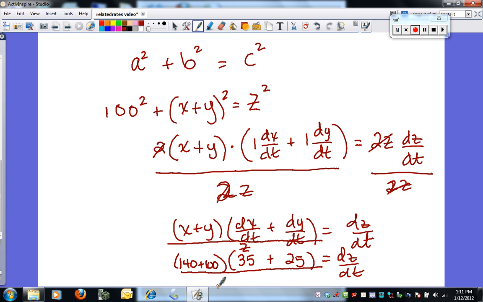Now, how do we find z? Well, we find z using the Pythagorean theorem again. So we do our 240 as one side squared plus our 100 squared equals our z squared. You can use your calculator if you need to.